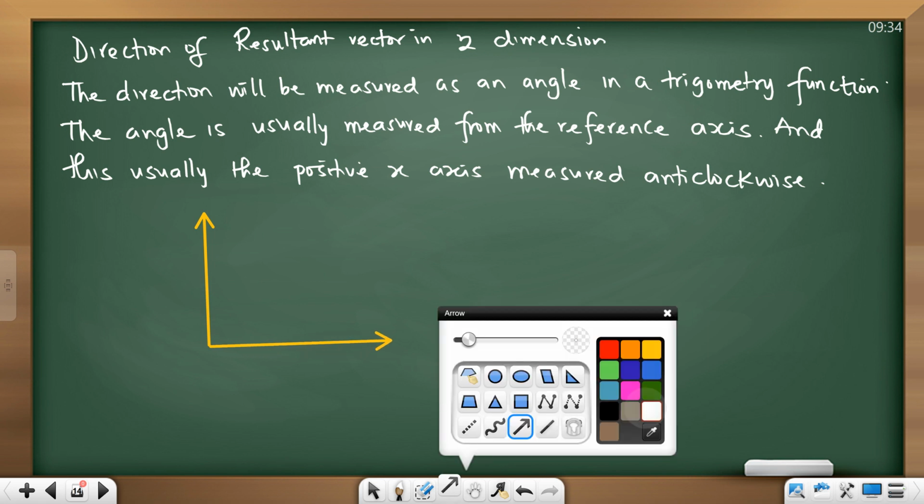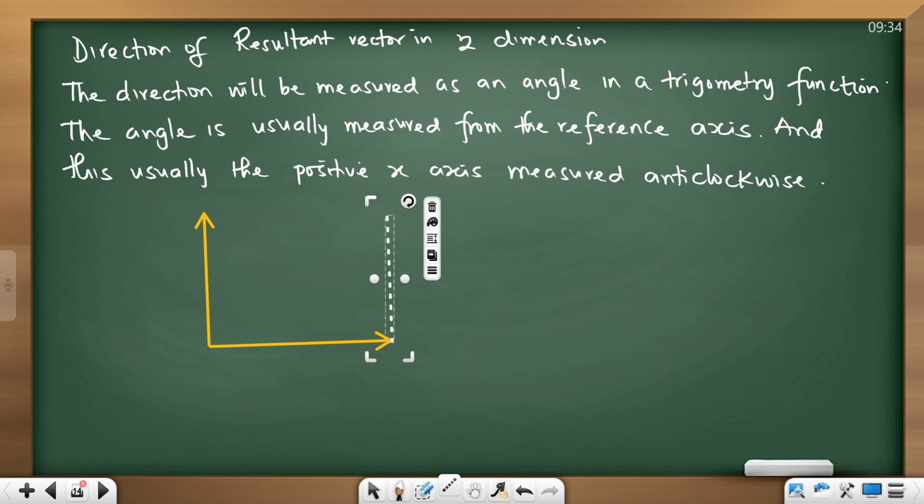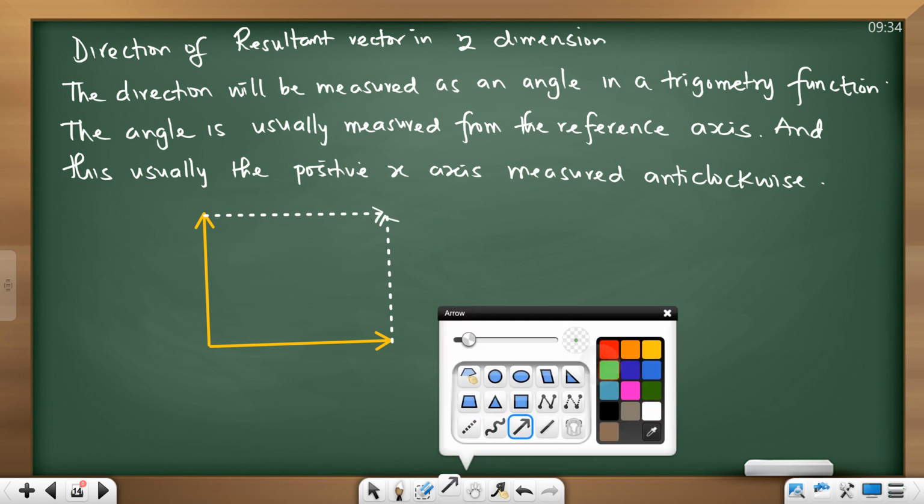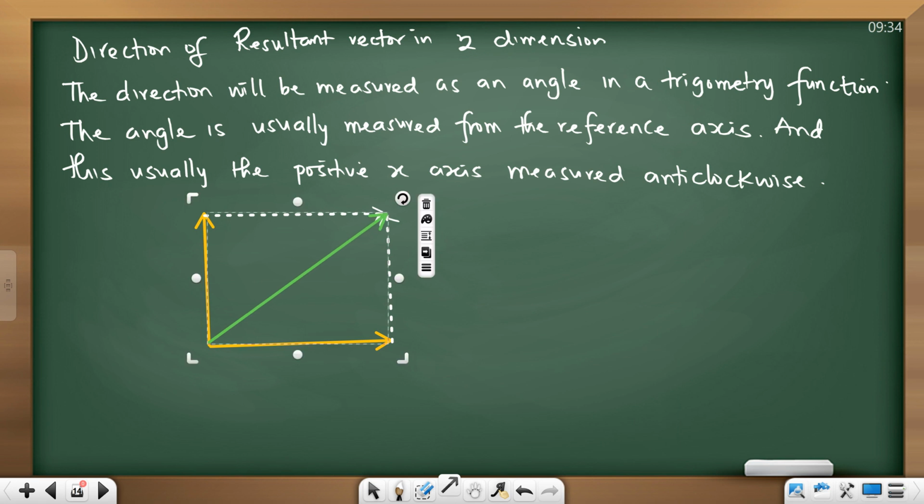And now, just what we've done earlier on, we now have our resultant. So F resultant, Fx, Fy. The direction will be measured as an angle.